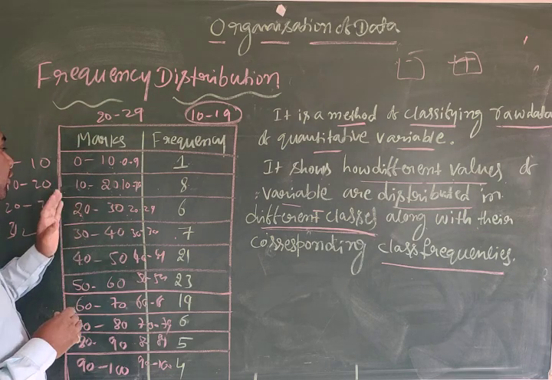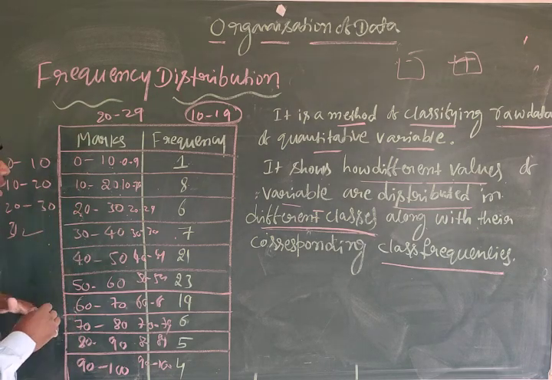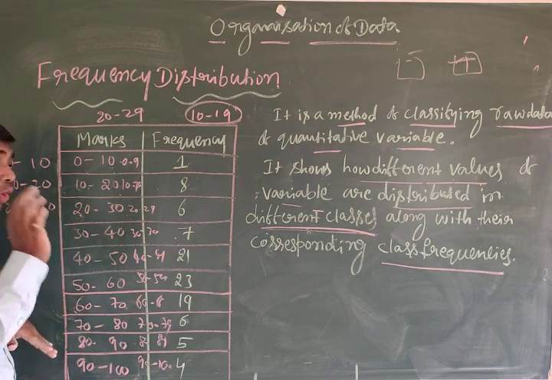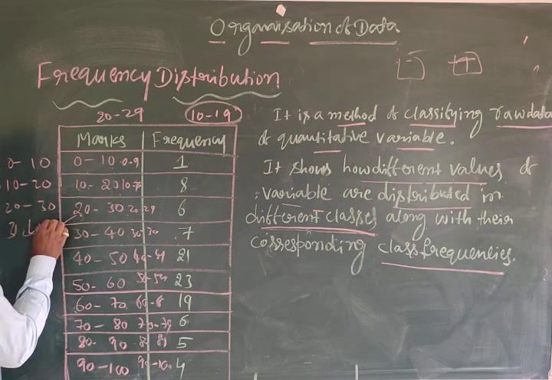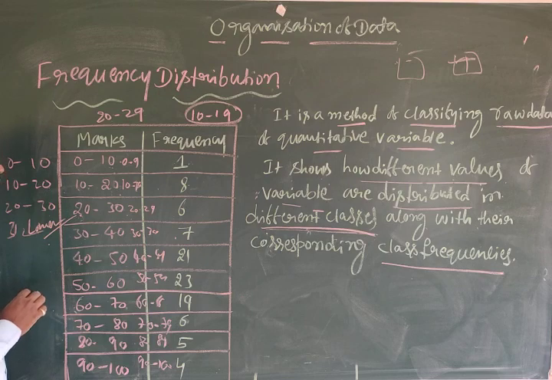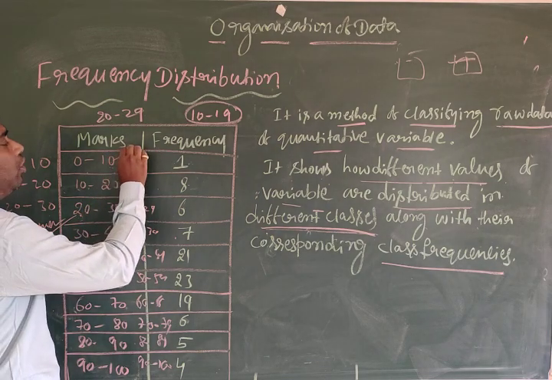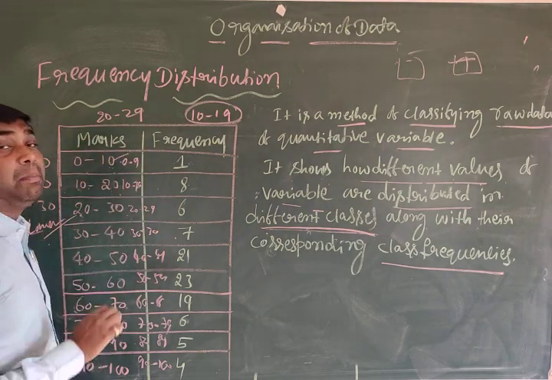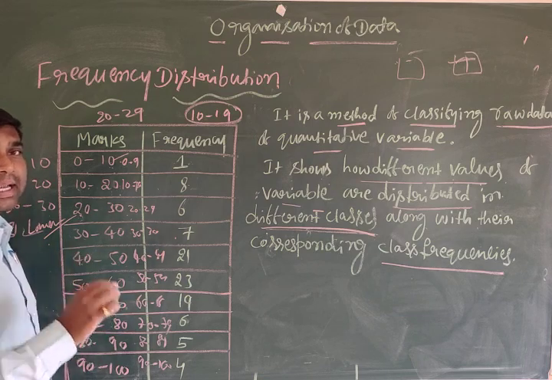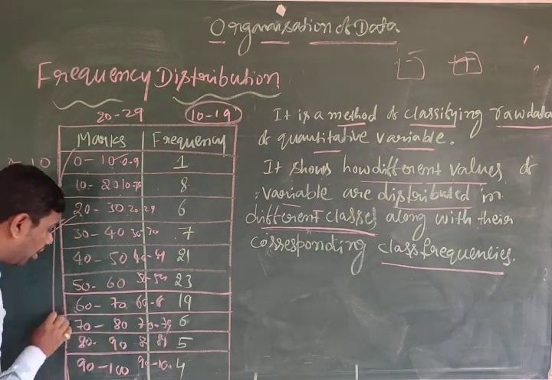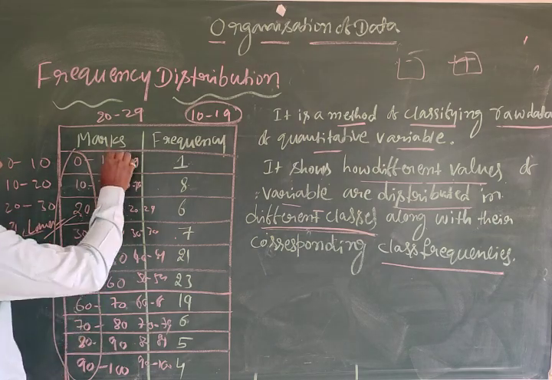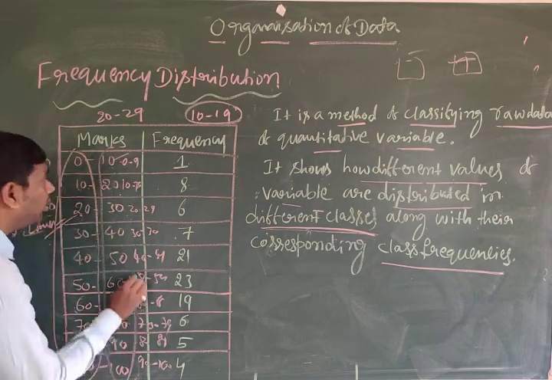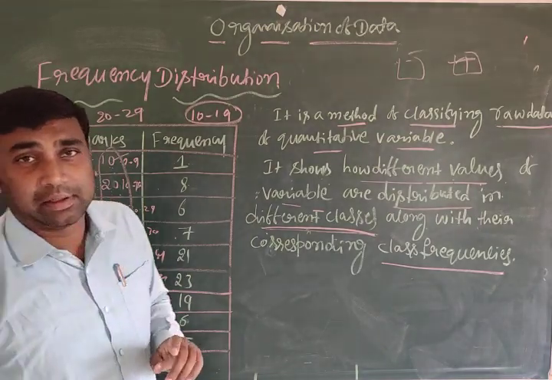The number having the higher value is the upper class limit. These are all called lower class limits. These are all called upper class limits.